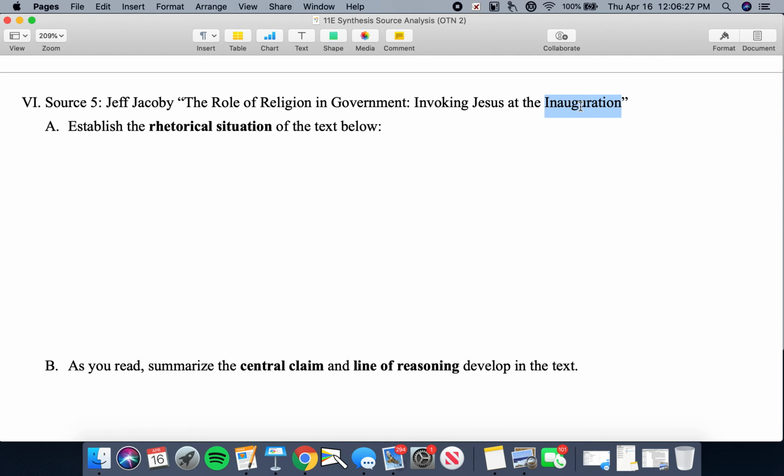That would be pretty shocking if Allah were prayed to at the inauguration. But Jesus was, which is equally a committed religious expression.